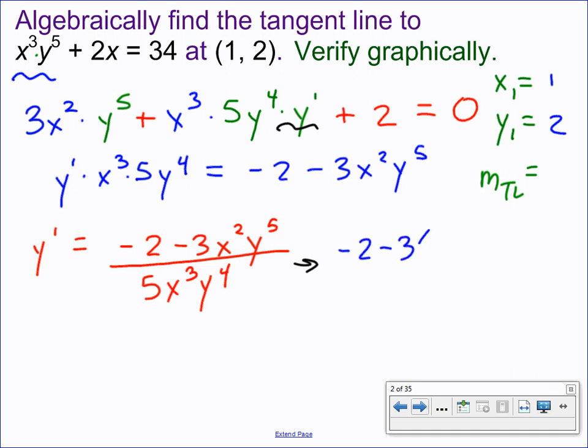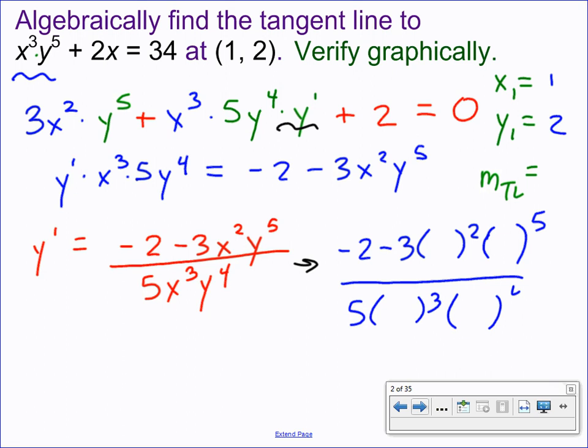Negative 2 minus 3 times x coordinate squared times y coordinate to the 5th, all over 5 x coordinate cubed y coordinate to the 4th, and we'll evaluate when x is 1 and y is 2. How do we do?